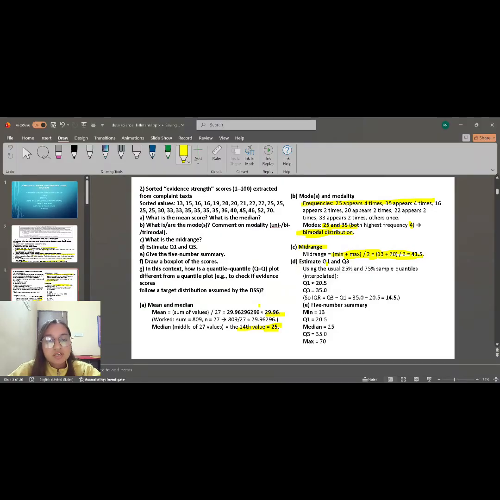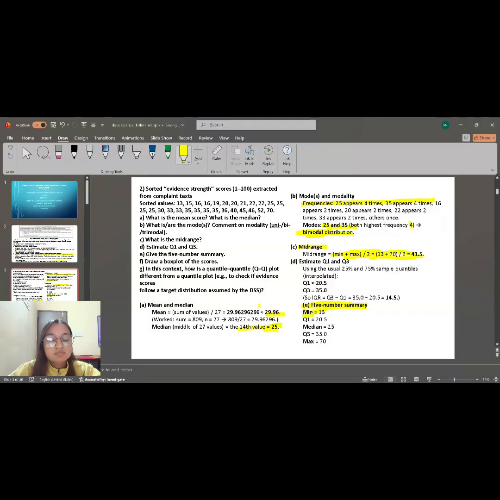D part is to estimate Q1 and Q3 using the usual 25% and 75% sample quantiles. Q1 will be 20.5 and Q3 will be 35.0. E part is asking for the 5 number summary.